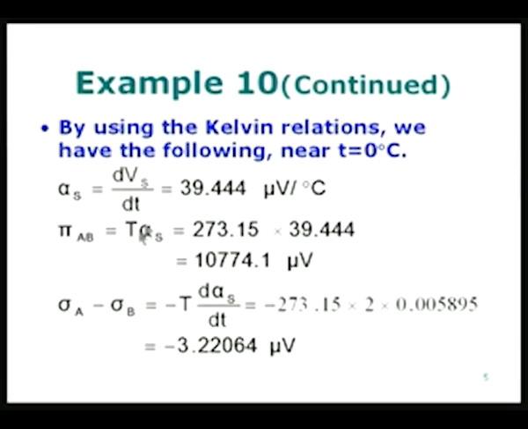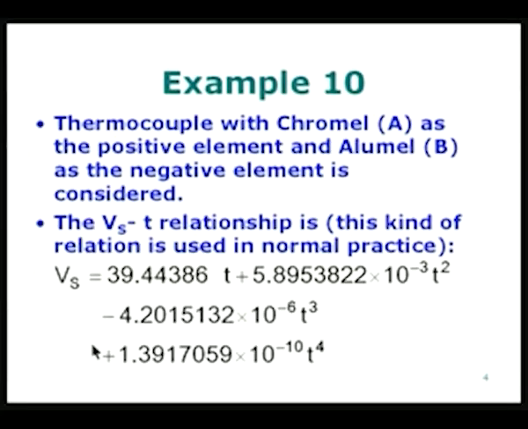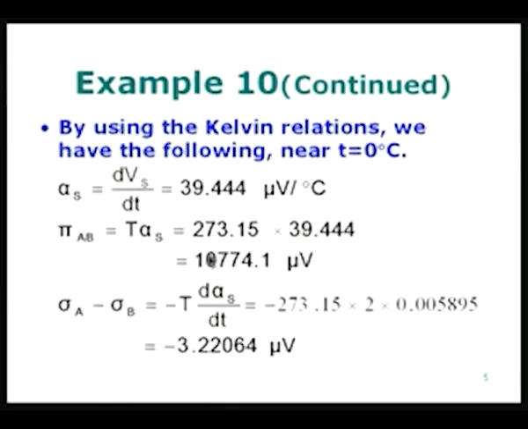All you have to do is go back to the previous slide and take the derivative with respect to temperature, and then put lowercase t equal to 0 and uppercase T equal to 273.15, and what I will get is dVs by dt equal to 39.444. I have simply rounded it up, microvolts per degree Celsius. This is the value of alpha. This is the Seebeck coefficient for the material AB, being chromel alumel, near T equal to 0.